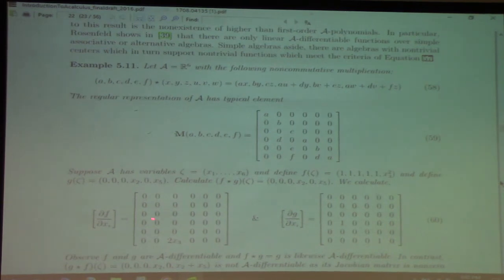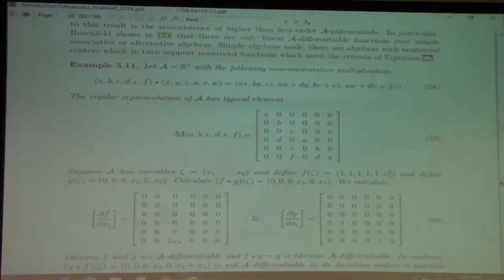Now, one of these has the right pattern to be a-differentiable. One of them doesn't. I forget which. What do we got? Let's see here. I got these ones over here, huh? Are those where they don't belong?